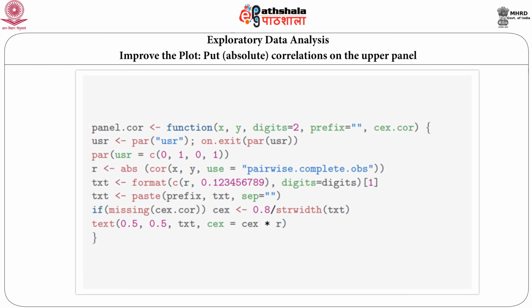And the panel.cor function takes the two values x and y and then calculates the correlation. But here I have used only the magnitude of the correlation, which is of importance, rather than the direction. So I have used an absolute value of it. But if the direction is also important, then this abs can be removed, because abs computes the absolute value.